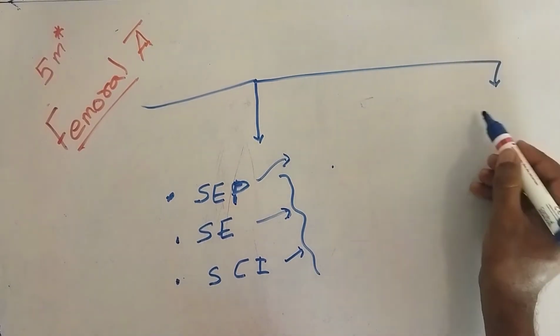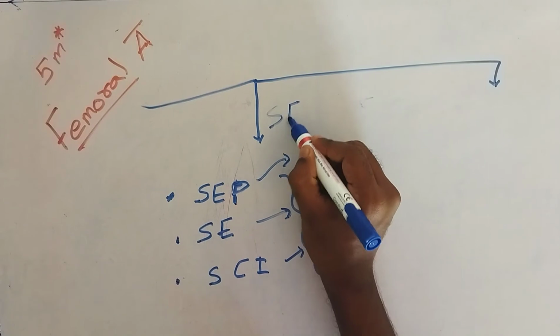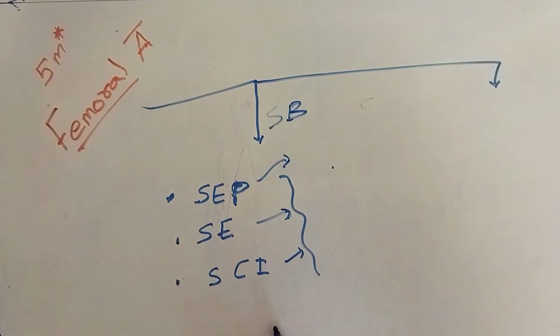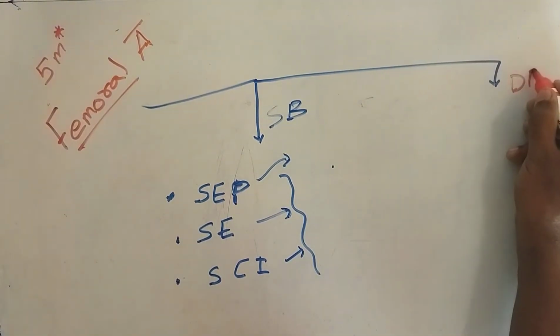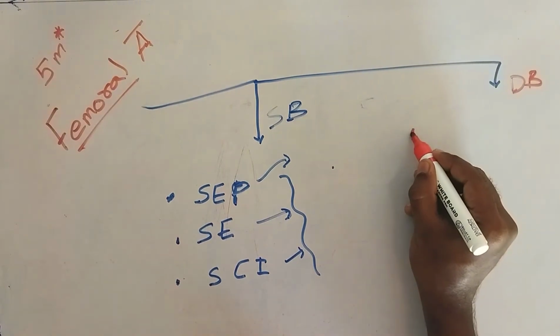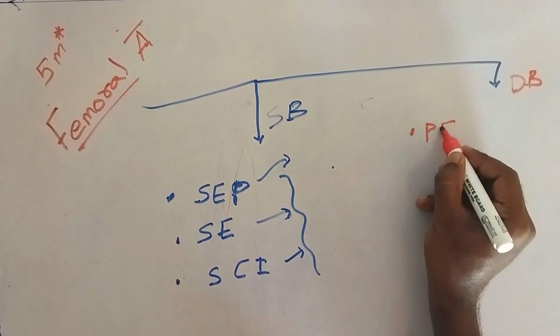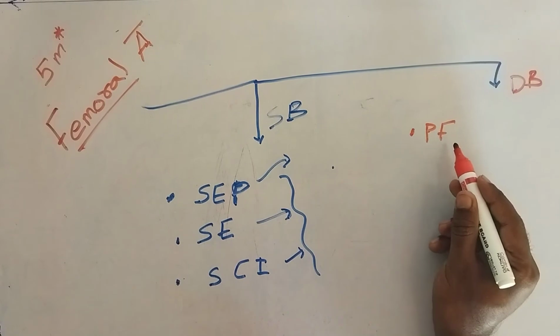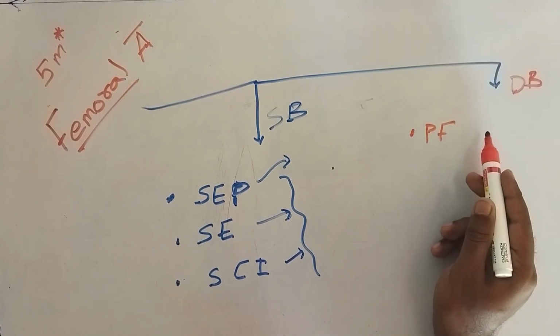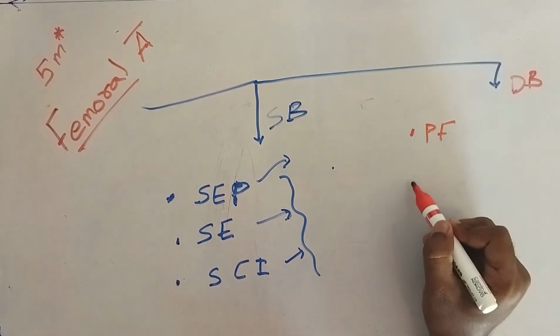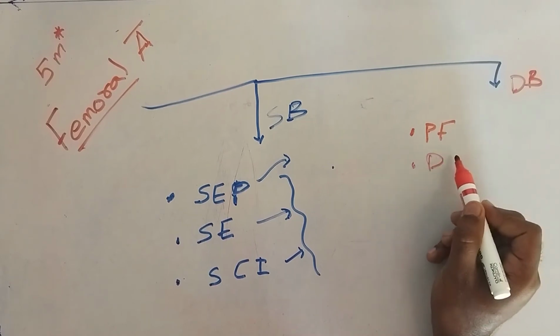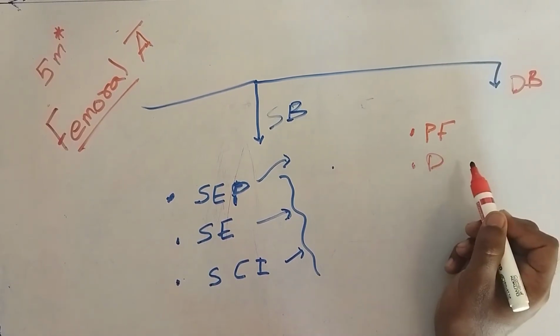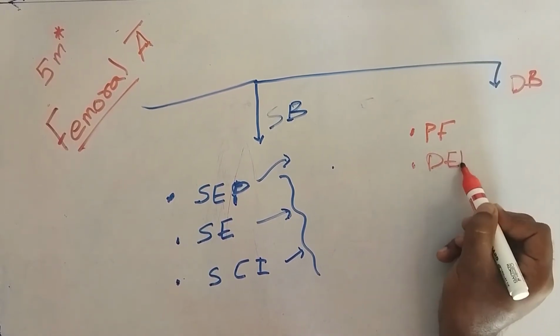Next, coming to the deep branches. The first one is the profunda femoris, one of the important branches of the femoral artery. Next one is the deep external pudendal artery.